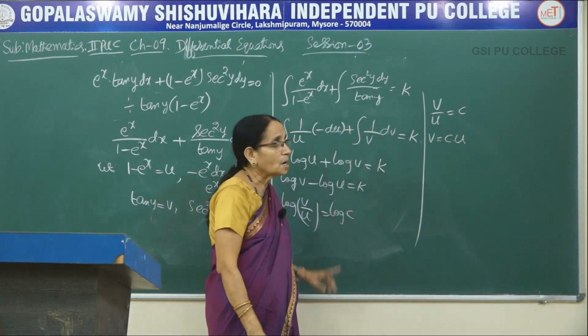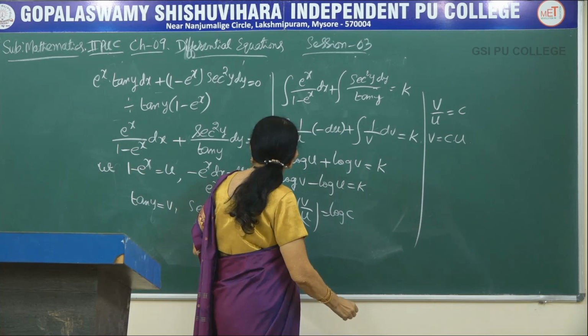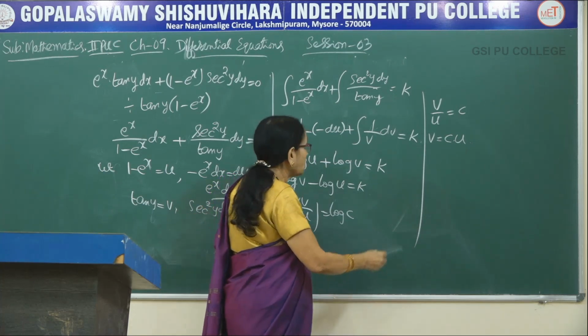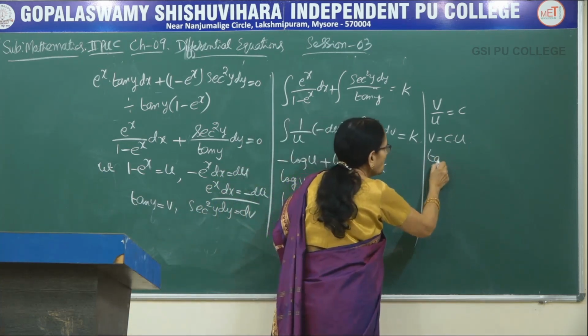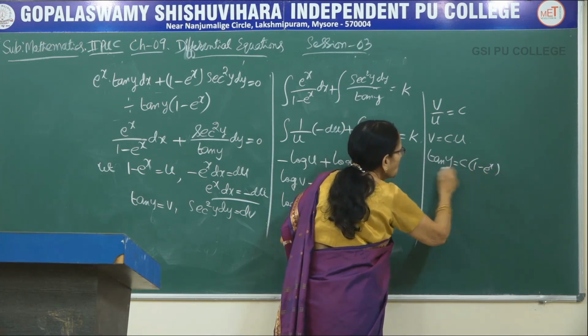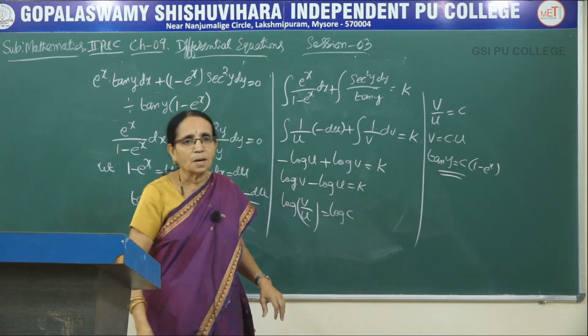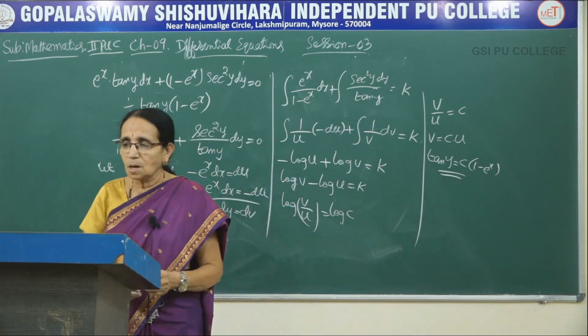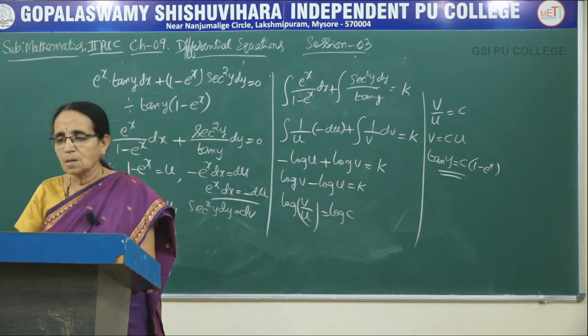Now what are v and u? V is what we have taken, it is tan y. Therefore you can write tan y would be equal to c into 1 minus e to the power x. Now this is the solution of this particular equation.